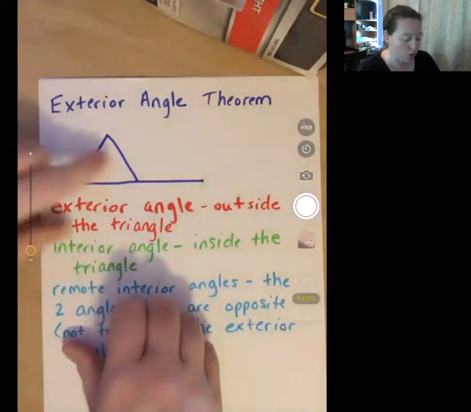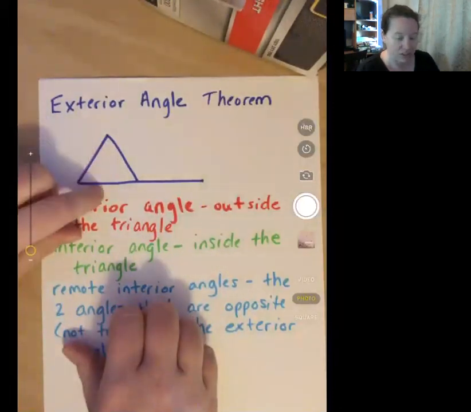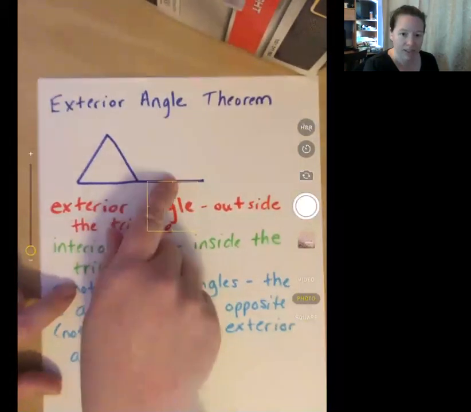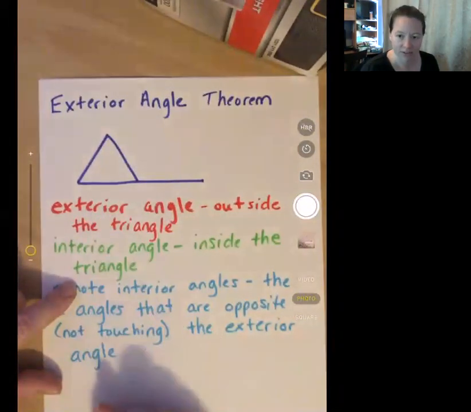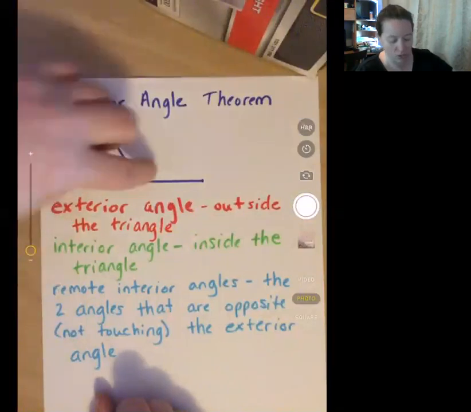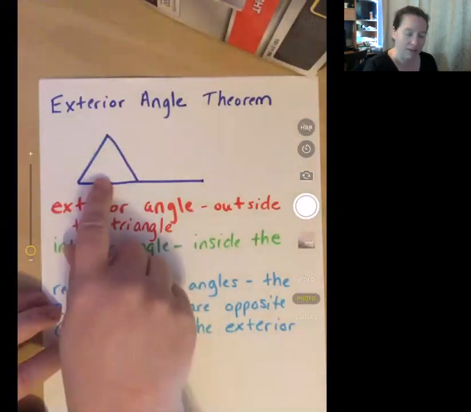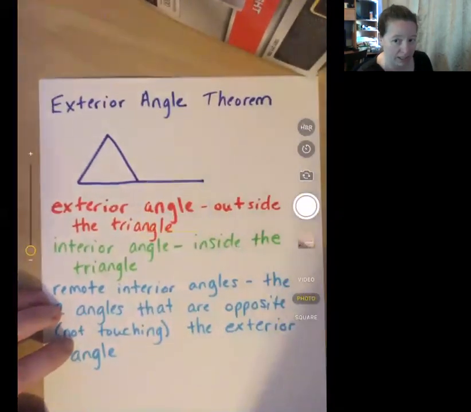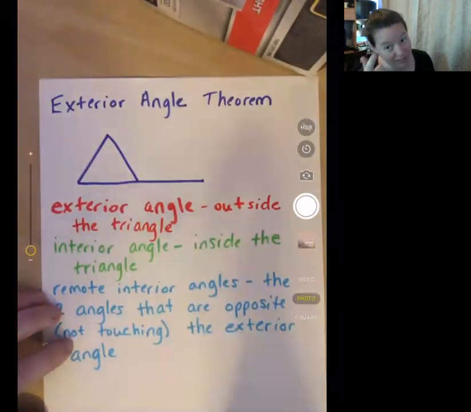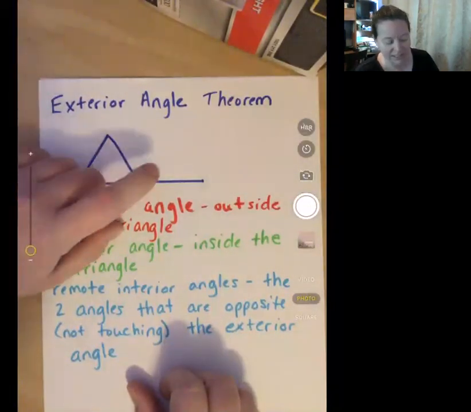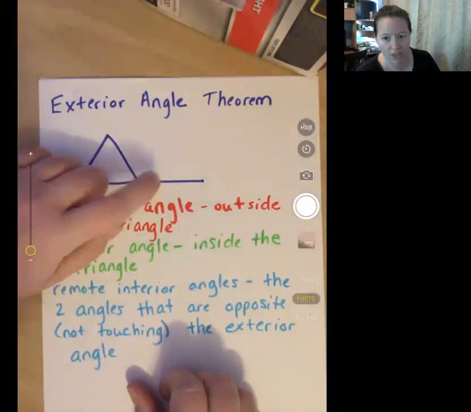If I took this corner and this corner and ripped them off, they would be the same as this right here. I could take this corner and put it here, and this corner and put it here, and then I would have all three corners next to each other, making a straight line. Which means this corner and this corner is equal to this corner.